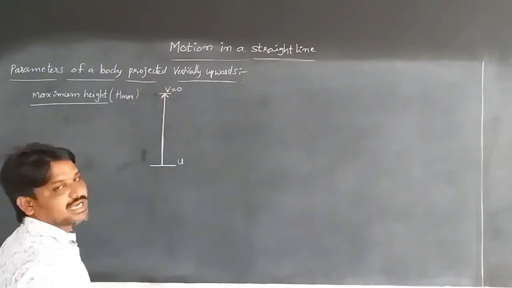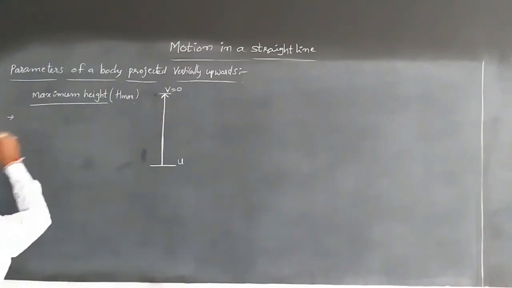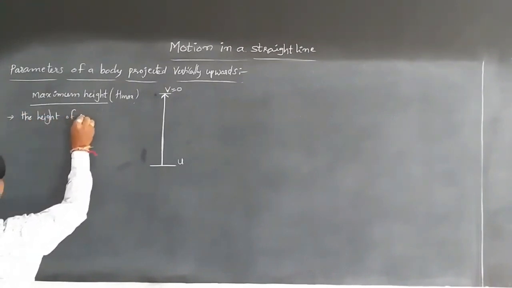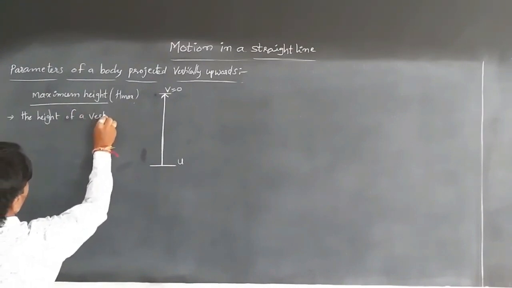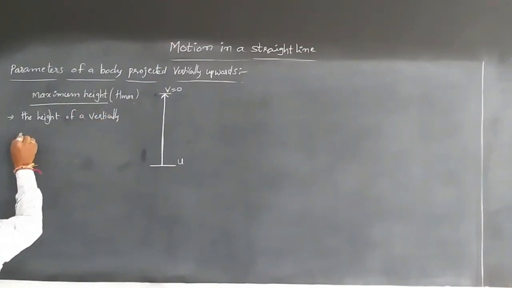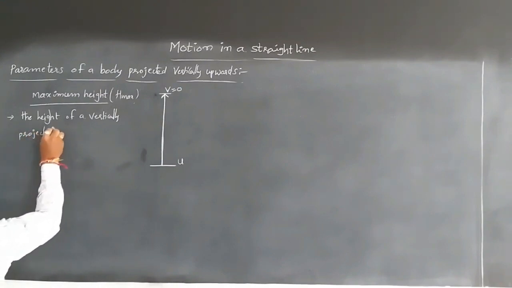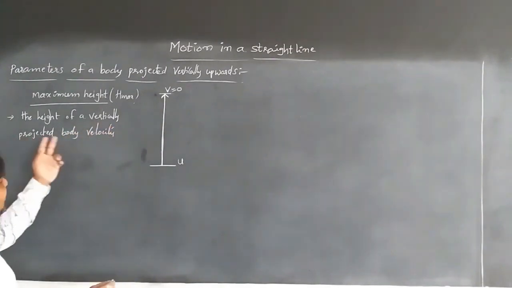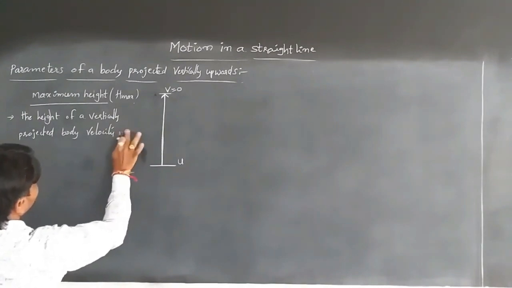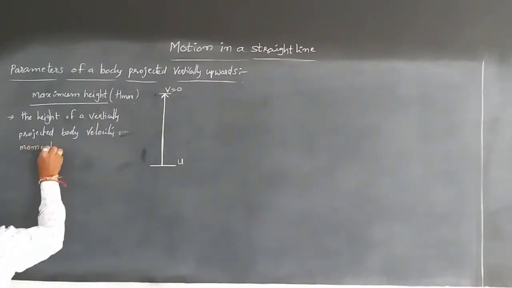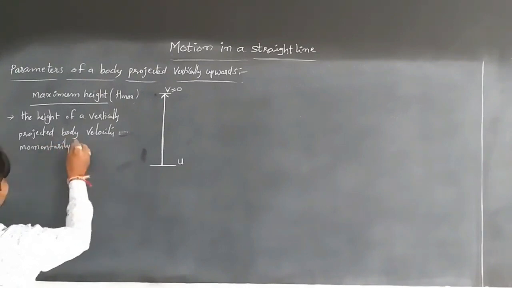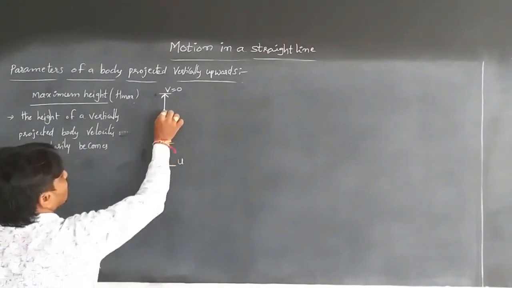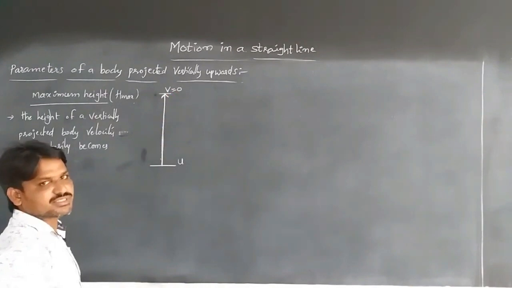The velocity keeps decreasing moment by moment, and finally becomes 0 at some height.